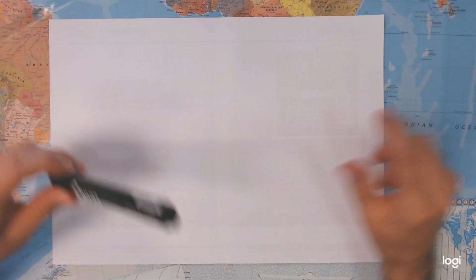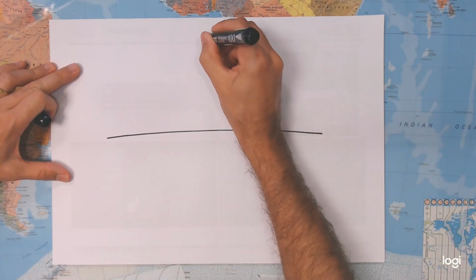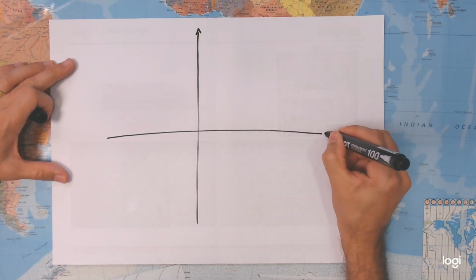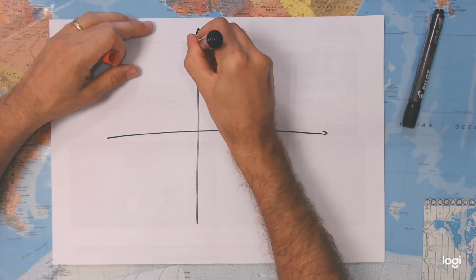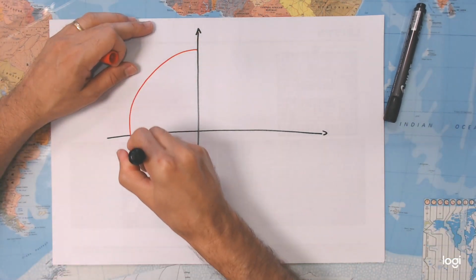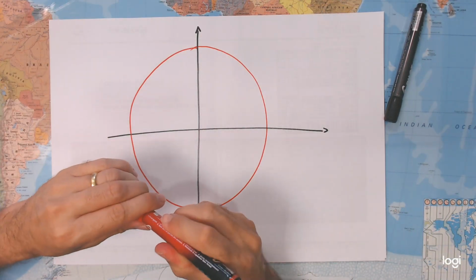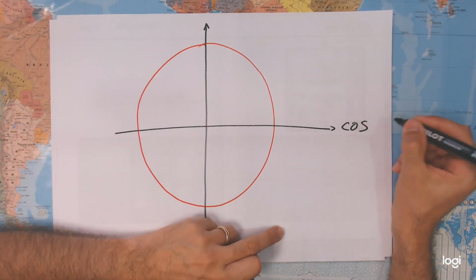Let's discuss a little bit what happens to the tangent. Let's suppose we have this. I'll try to make it as perfect as possible. We know that here is a cosine.